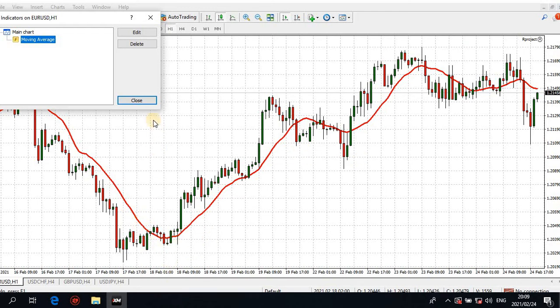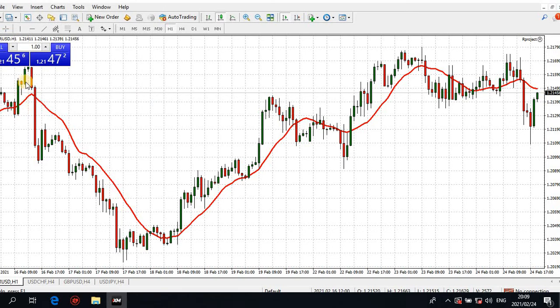So let's begin here. As you can see, as soon as the moving average changed direction, okay, the market also changed direction. You can see here it never changed on this candlestick, and indeed the market never changed. The market began changing when the moving average also changed.